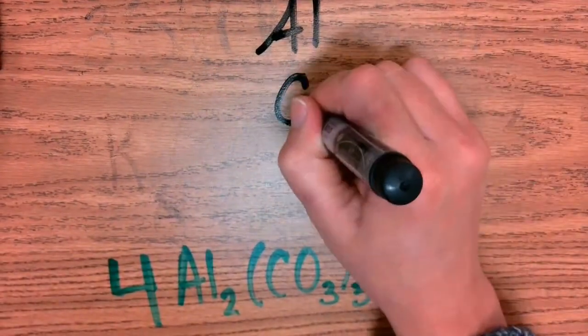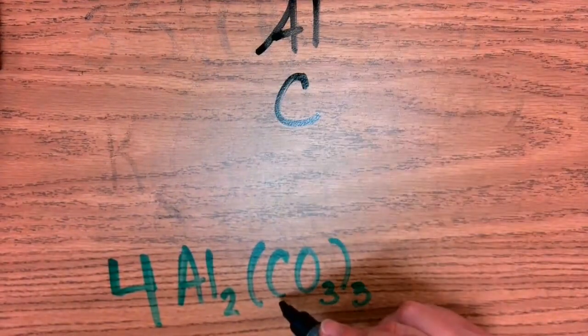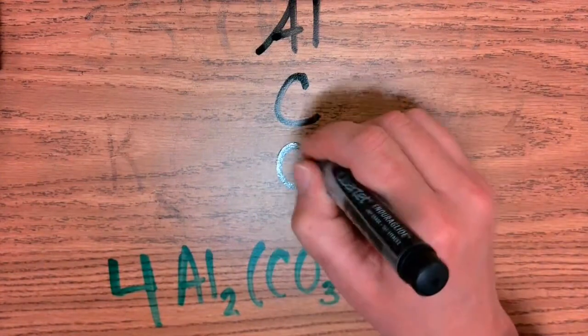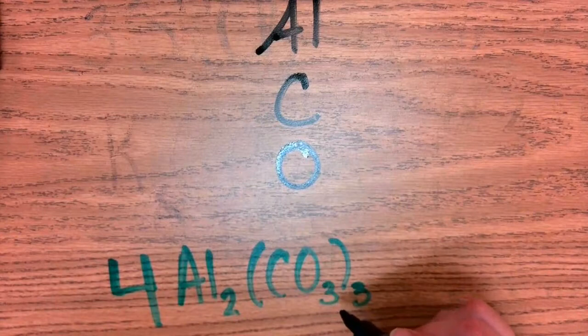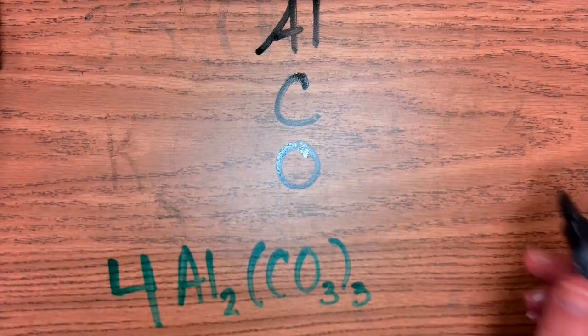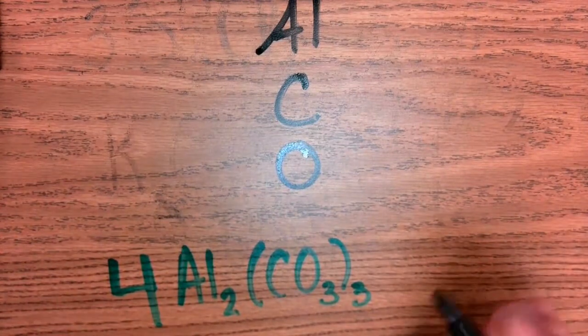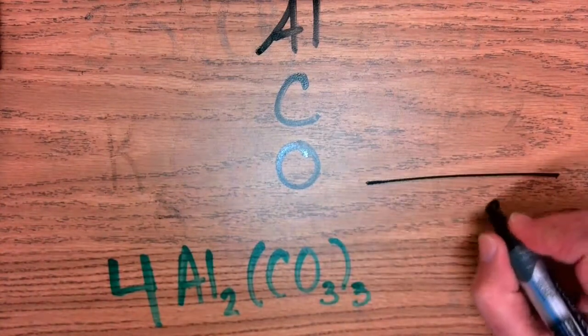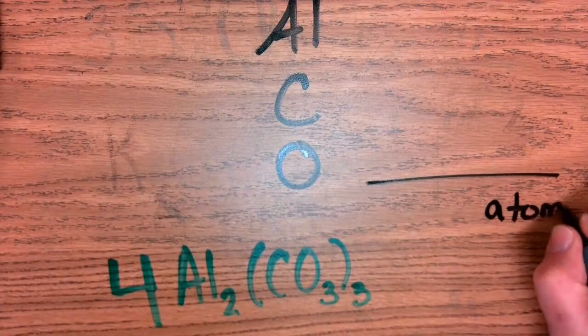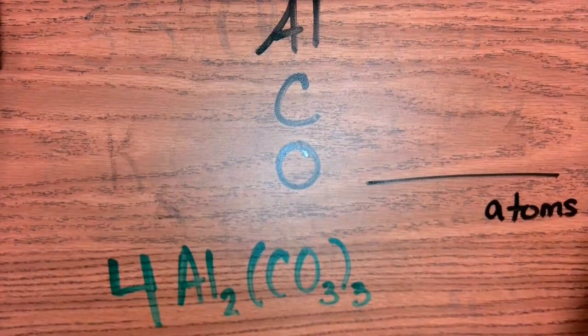You have C for carbon. And you have O for oxygen. Pause the video. Tell me how many of each you have, and then the total number of atoms. Can you get this one correct? It's pretty tricky.